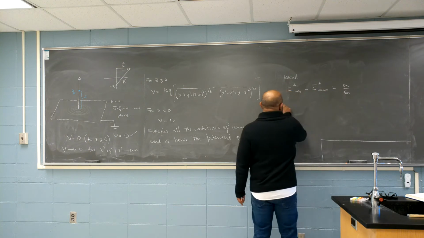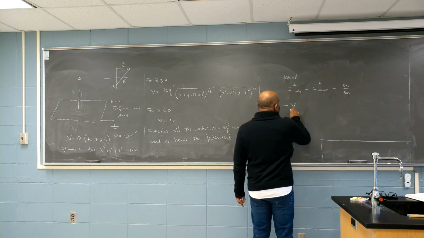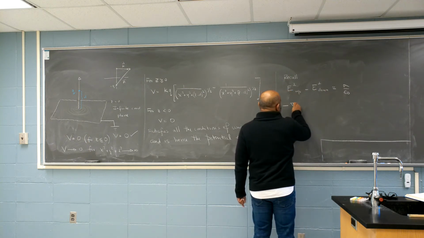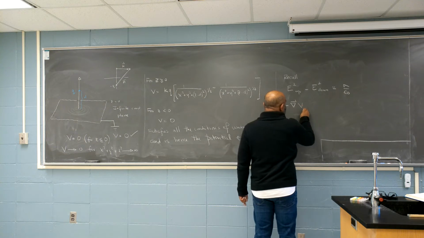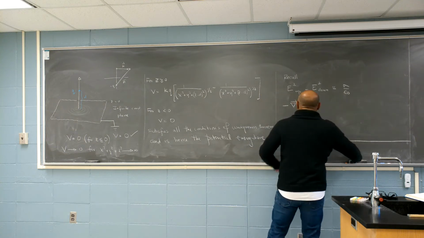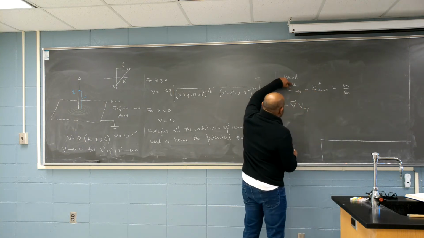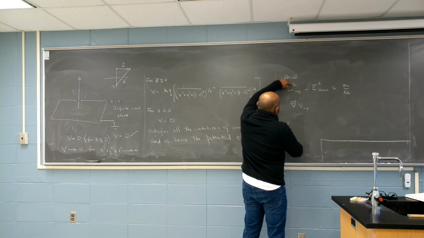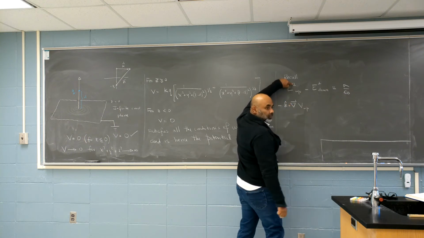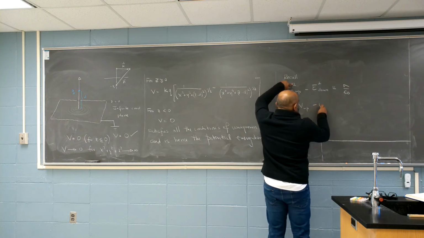This guy is the negative gradient of V using the upper formula, but I don't need all of it. I just need the perpendicular component. This is 0.